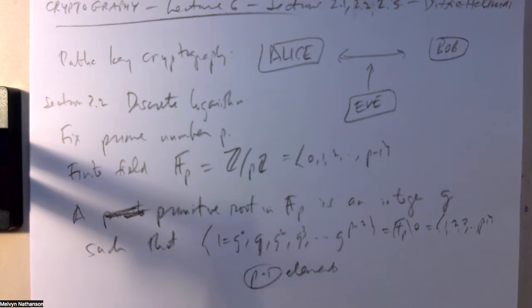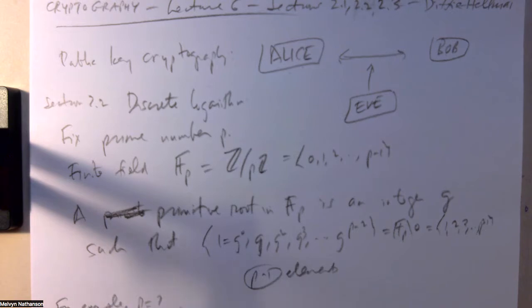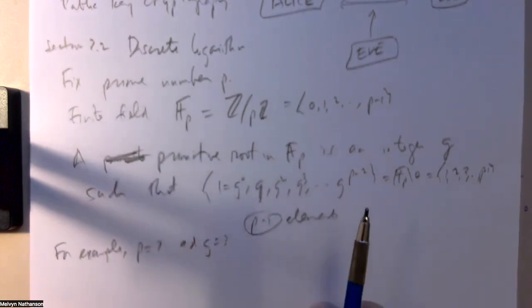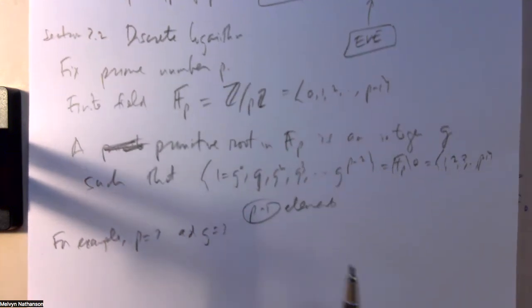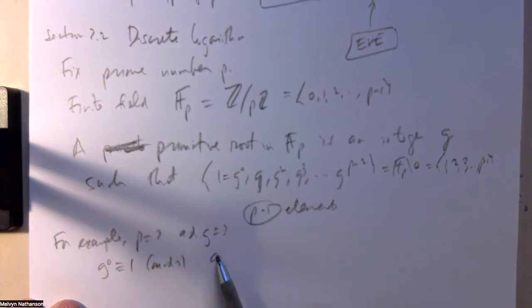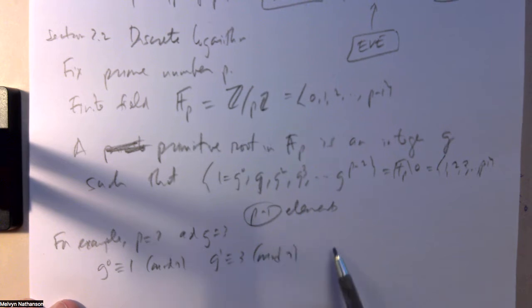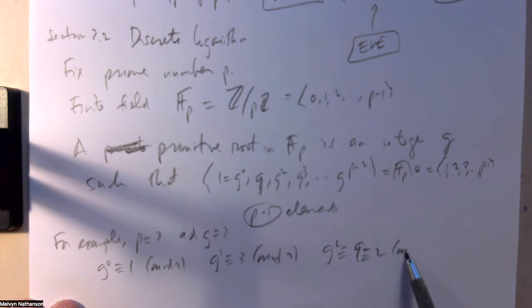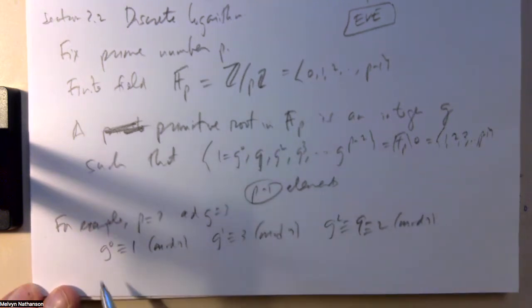So that's what a primitive root is. So for example, if you take P equals 7 and G equals 3, what are the powers of G mod 7? G to the 0 is 1 mod 7. G to the first power is 3 mod 7. G squared is 3 squared is 9, which is 2 mod 7.